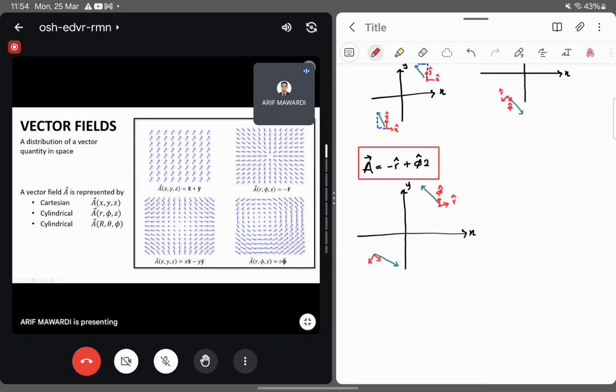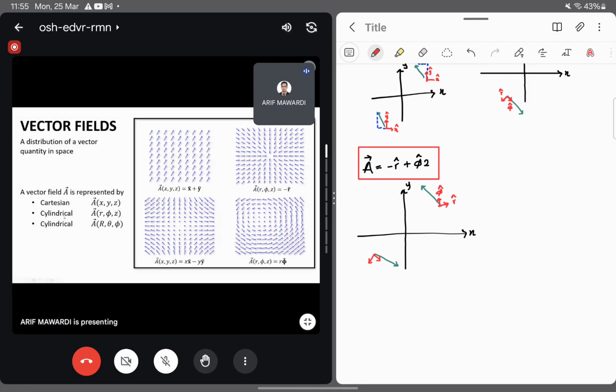Now if I write A as a function of x, y, and z, that means I have a vector that depends on the location of a point. In the Cartesian coordinate system, I can represent a vector field as A as a function of x, y, and z.